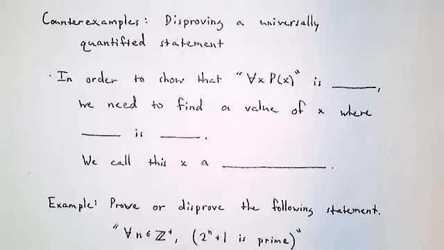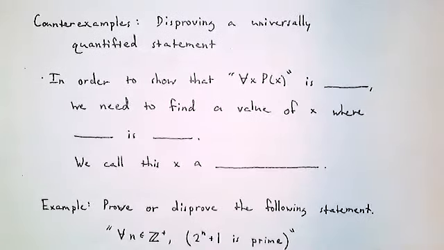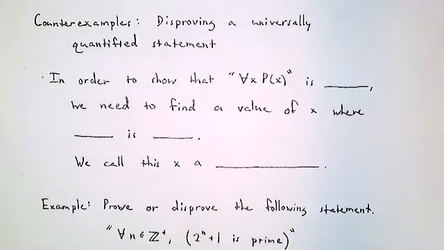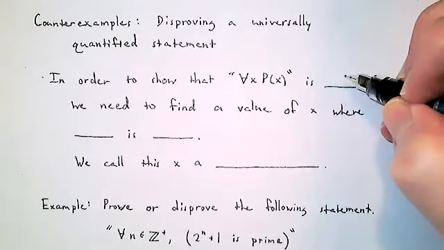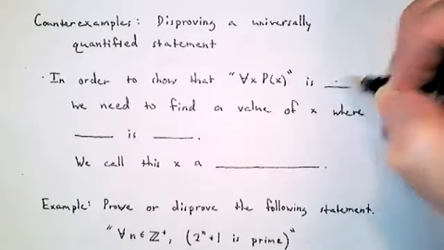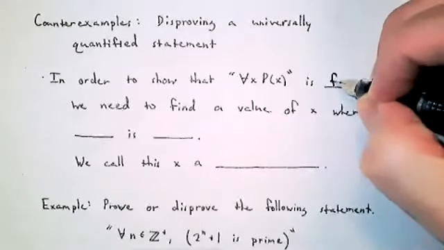So the next thing I want to talk about in this section is what's called a counterexample. This is a method to disprove a universally quantified statement, so it's kind of the opposite of what we just talked about. In order to show that this is false for all x, P of x, we only have to show that P of x is false once.